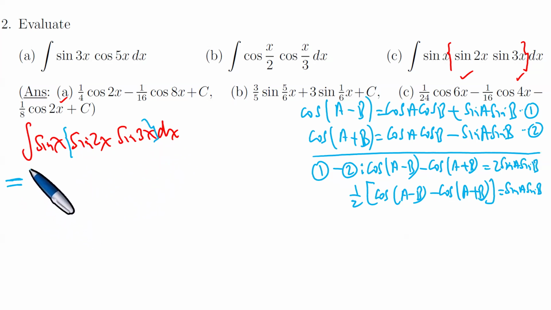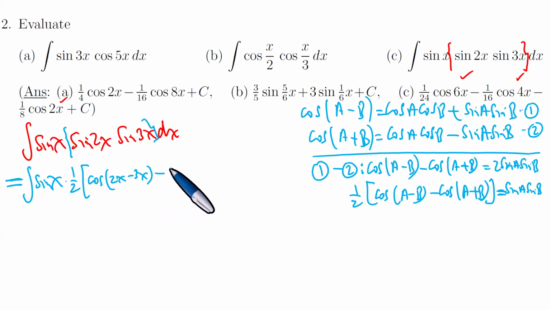Right, so grouping those would give us, for example, the integral of the sine of x. So this one, the sine A, sine B, according to this formula, is going to be 1/2 of the cosine of A minus B, which is 2x minus 3x, minus the cosine of 2x plus 3x.